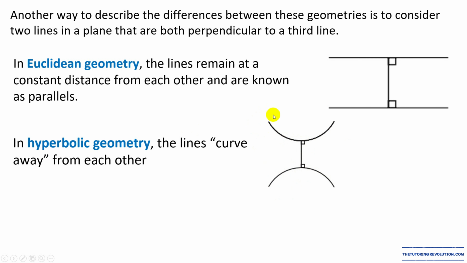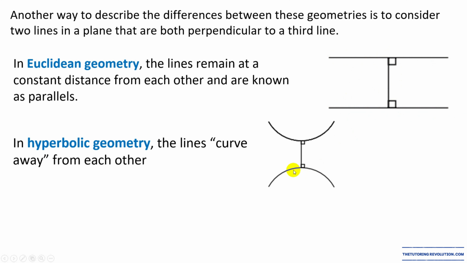But since these are curves, we can draw more. We can draw another one here, another one here. In other words, here, if you have a line and you draw a perpendicular to a given point, there's only one parallel line to this line. You cannot draw more than one parallel line through this point.